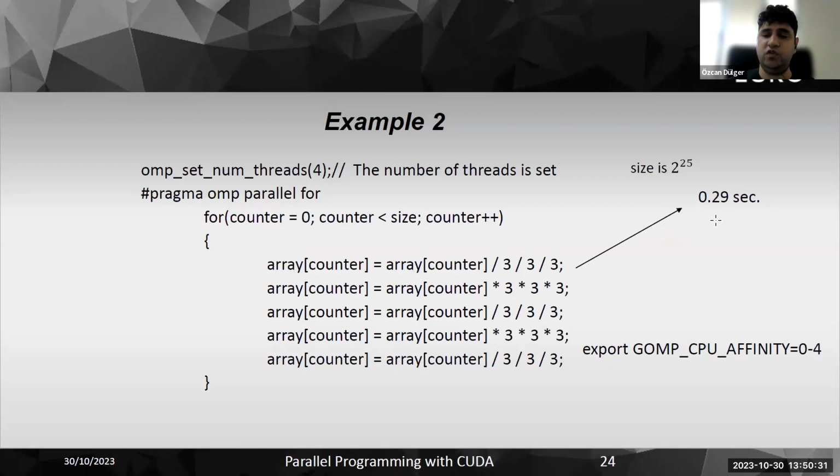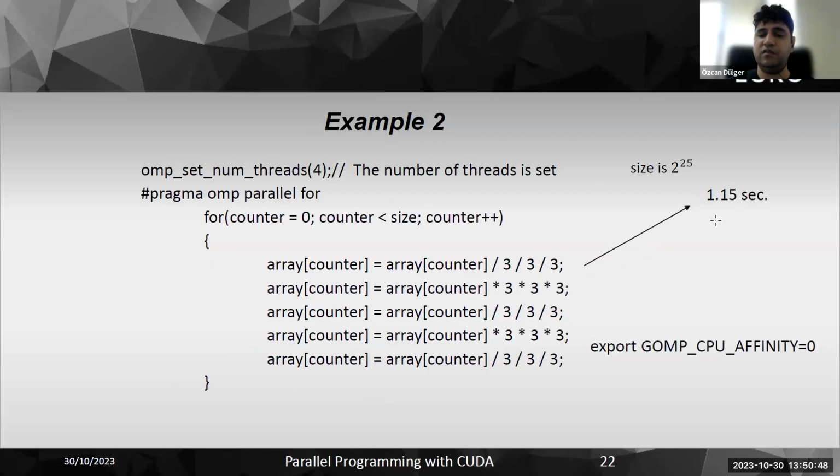That means all the cores are active and the threads are distributed to these cores evenly, and we obtain 0.29 second execution time. So it is about 4x speedup.